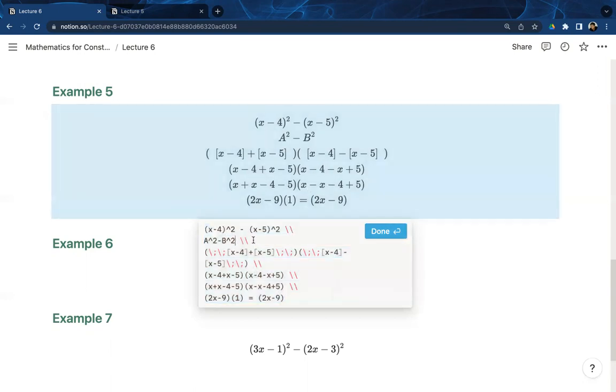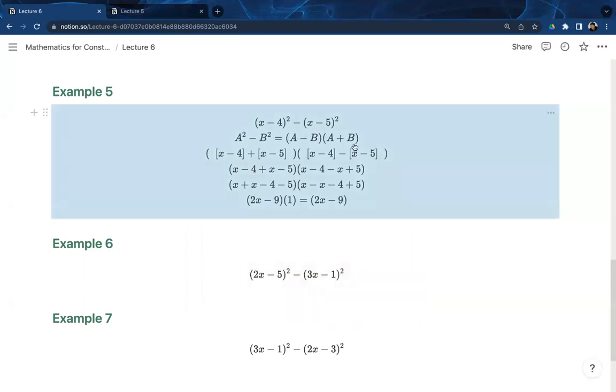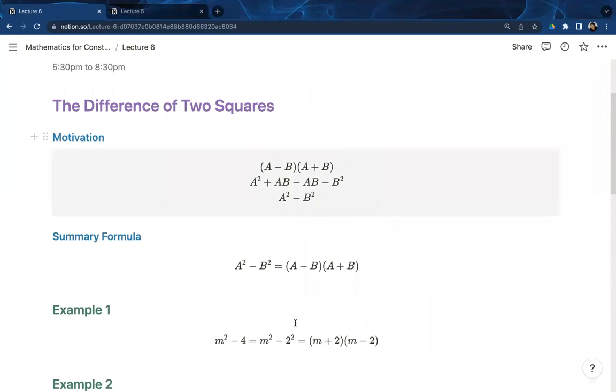I know a squared minus b squared is equal to the product of 2 brackets. The difference of 2 squares is equal to the product of 2 brackets. See, summary formula here.